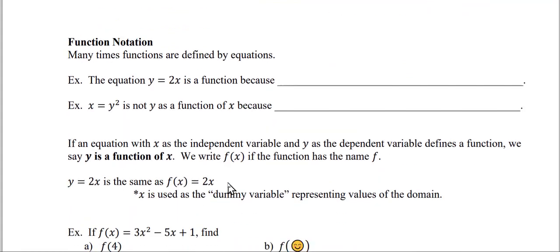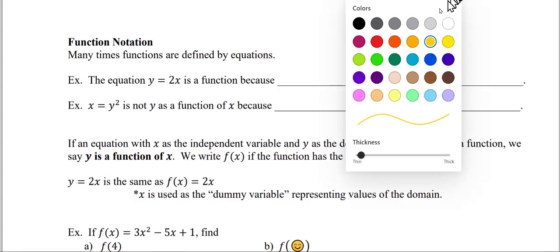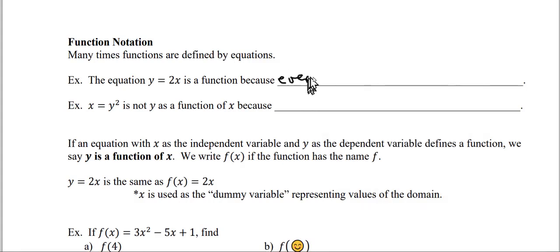Okay, function notation. Most of the time we are going to see functions defined by equations. Y equals 2x is a function because every input gives a single output.